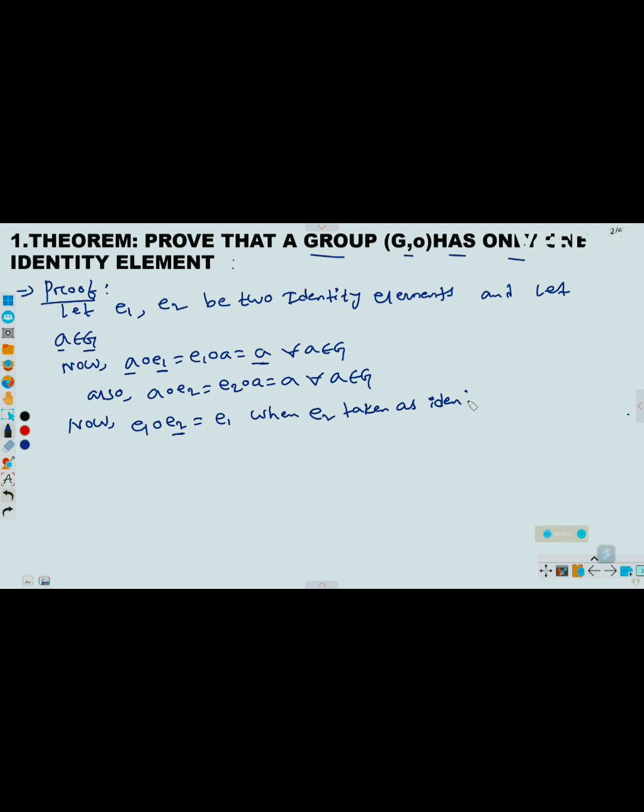Suppose this is our number one equation. Also, we can say E1 compose E2 is equal to E2. This is our number two equation. This is when E1 is taken as the identity element.